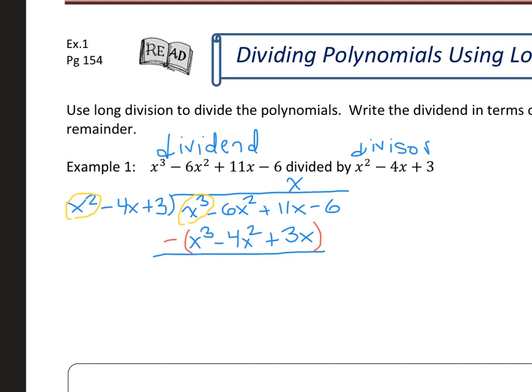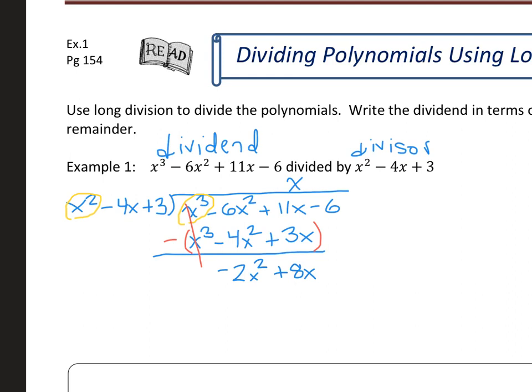So you can see here that the x cubed minus x cubed, these guys are going to cancel. Next, I have negative 6x squared minus a negative 4x squared. That's minusing a negative, which would be plus. So negative 6x squared plus 4x squared would be negative 2x squared. And then I have 11x minus 3x, which would give me 8x.